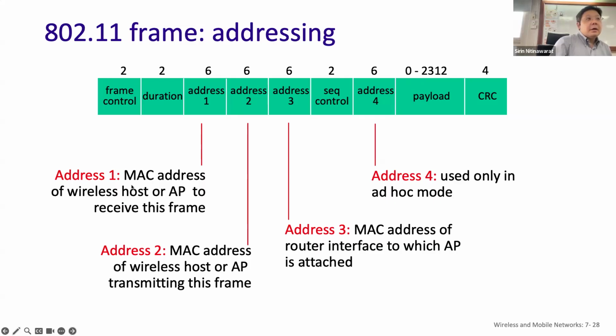Of course, a frame is sent from a transmitter to the receiver, right? So there must be the MAC address of the transmitter and the MAC address of the receiver in the first and the second field. But in Wi-Fi, it also uses the third address here, which is the MAC address of the router interface attached to the AP.